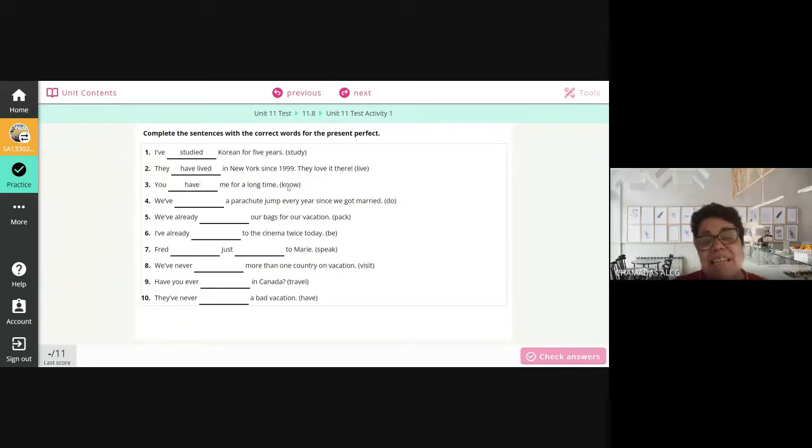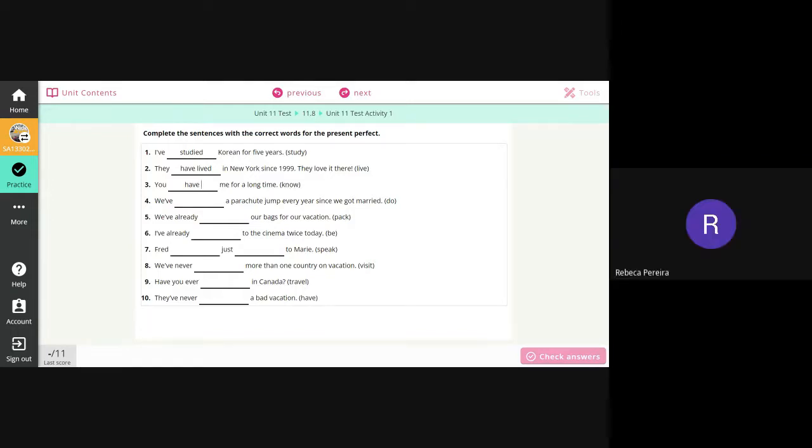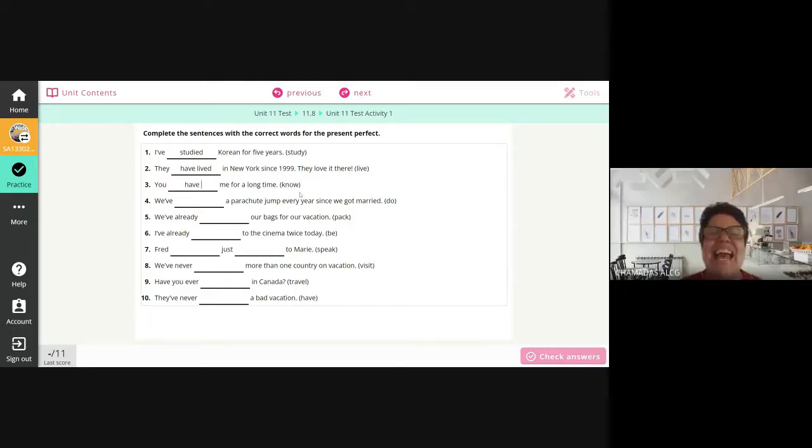It's irregular. So now we have to remember, right? Because irregular verbs, they don't take ed. We have to know them by heart, or we have to check the list. If you have the irregular verb list, then you go there and you check the list.